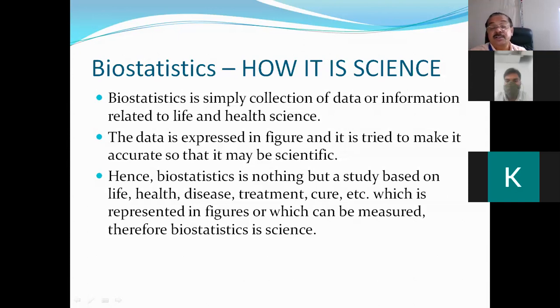Therefore, biostatistics is science. Meaning why? If we know the parameter, if we understand the number, likewise, the number of deaths during the month of April in 2021 in the area of Bihar or Assam or Odisha, in a particular locality, if it is specified, then it is said to be science.